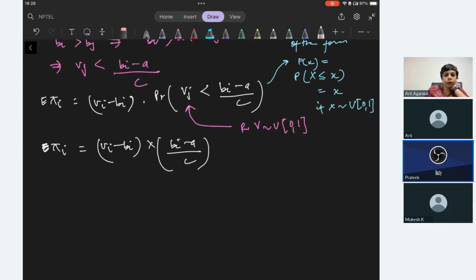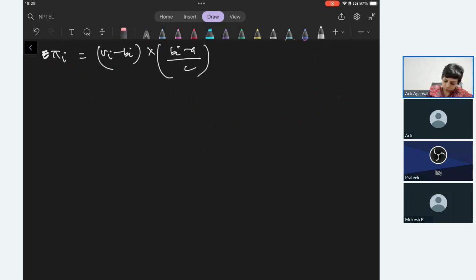Okay, I am drawing this here just to explain it. Say, suppose this is the interval, this is 0, this is 1, and this is some function. I'm not drawing a uniform function right now.